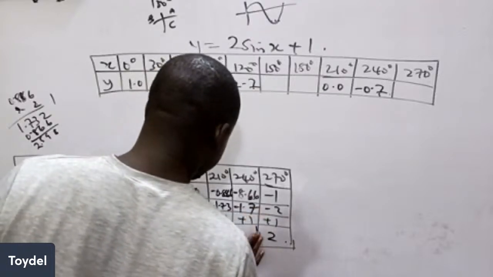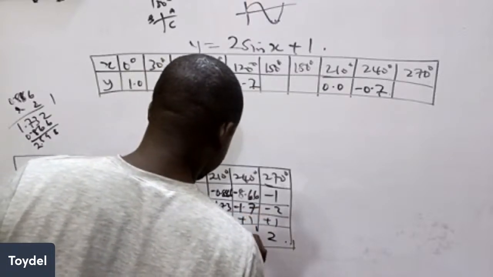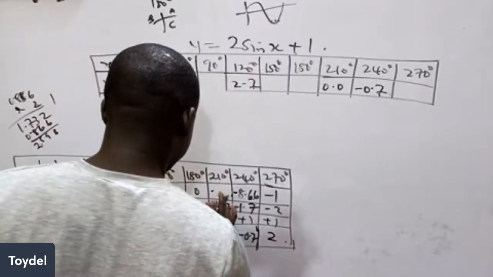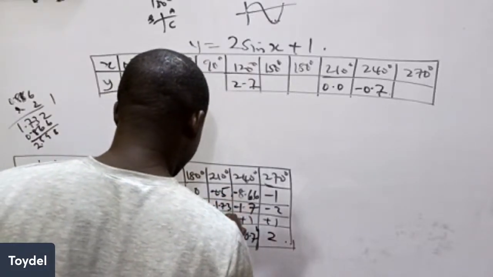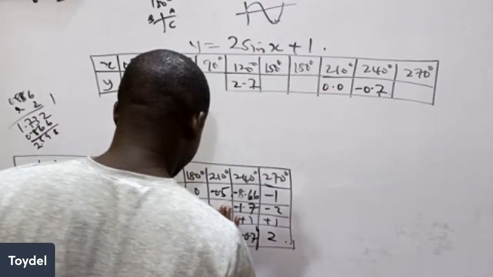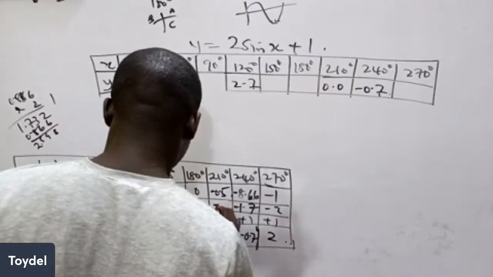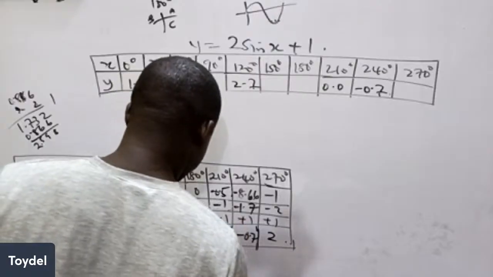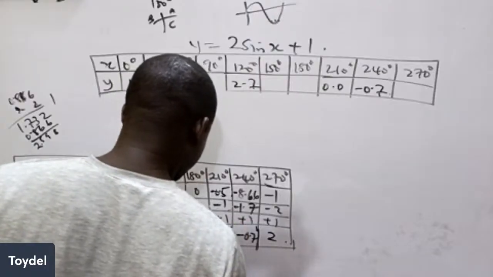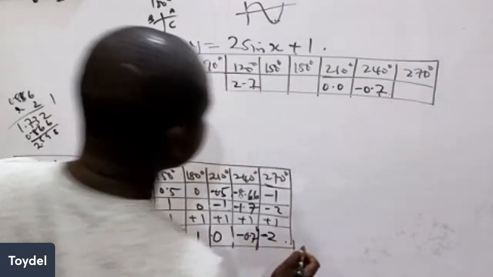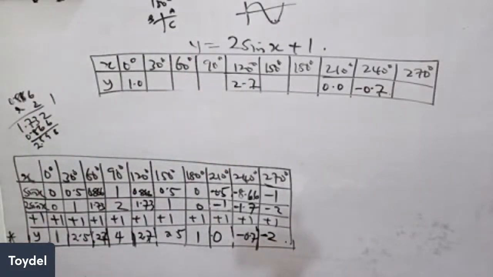So here will be minus 0.7. Here will be minus 0.5. Here will be minus 1. Here will be 0. Here is minus 2. That's what you are going to get.